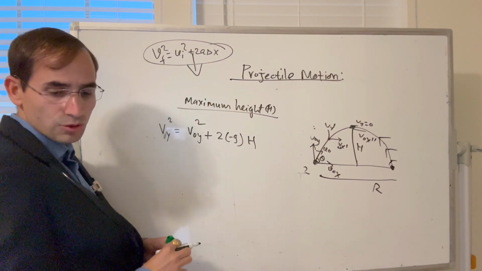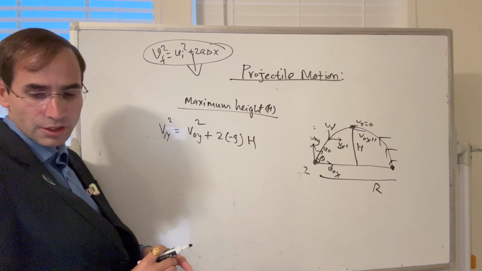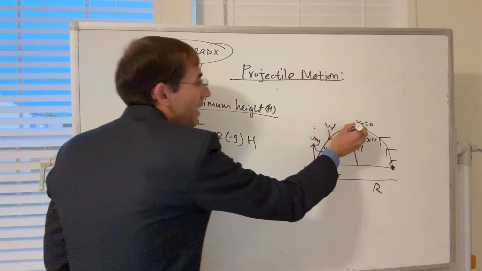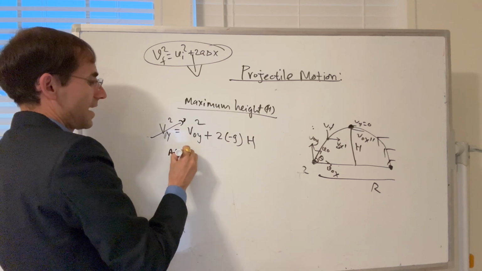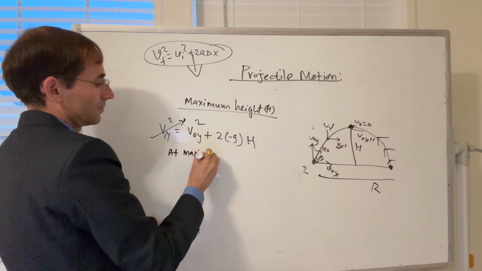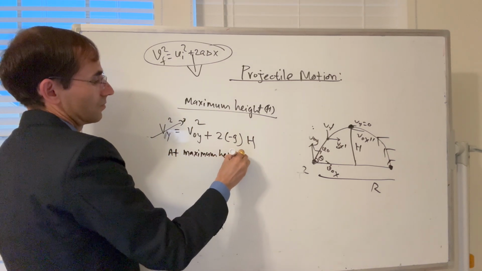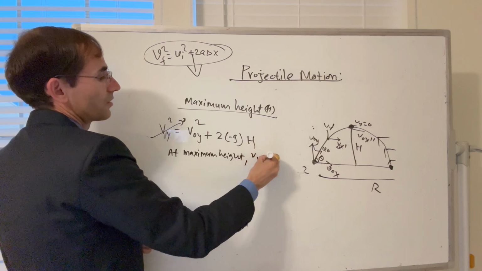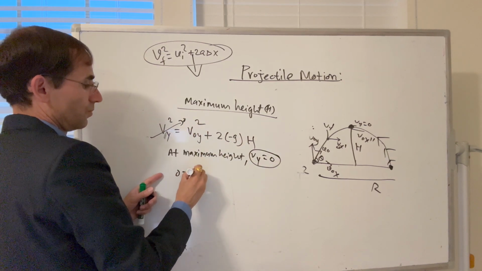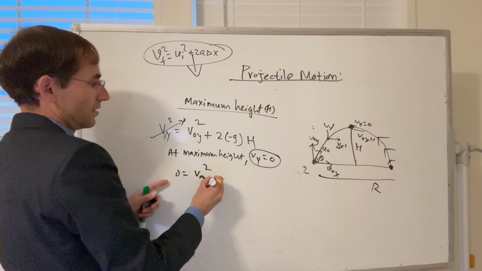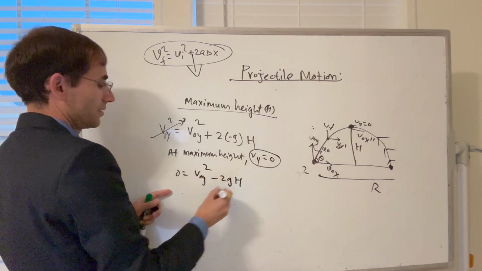Okay, so at the maximum height, v_y is 0. There is no vertical component of velocity, that becomes 0. Then you have 0 equals v_0y squared minus 2gh.